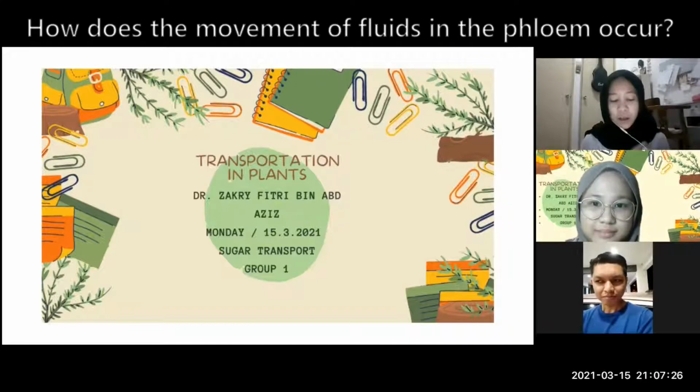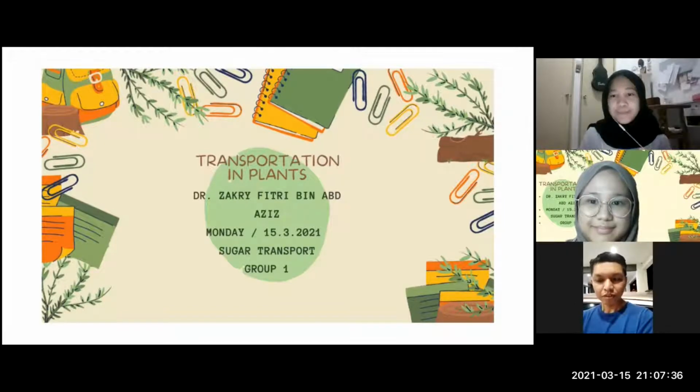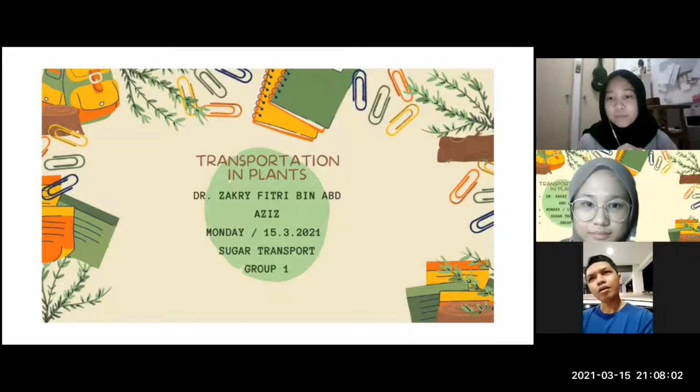How does the movement of fluid occur in the phloem? We have a sieve-like structure, so it translocates from source to the nearest sink.